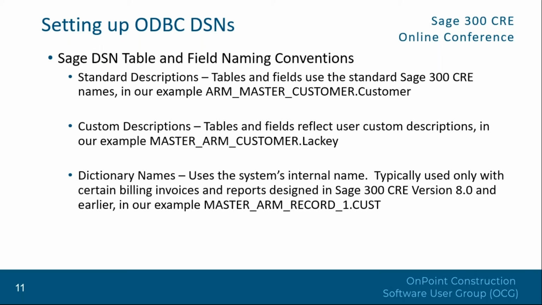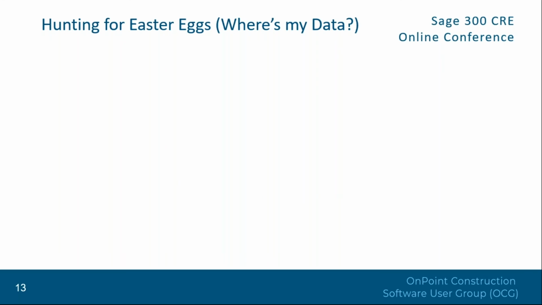Okay. So very quickly, because we've got just about 10 minutes before lunch. The next thing we're going to do, we're going to go look for some Easter eggs. One of the things I said, we're about ready to start using this, but one of the questions you're going to run into, whether you use Report Writer, or ODBC, or anything, is we have to know where's the data.